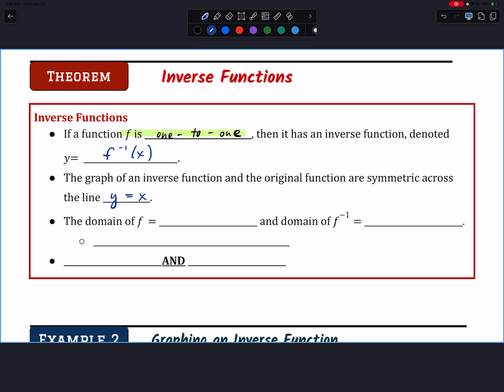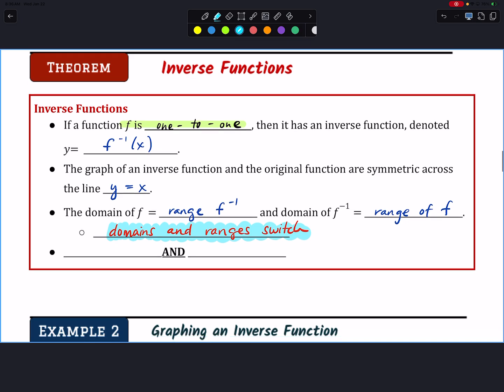This means that the domain of f is the same as the range of f inverse, and the domain of f inverse is the same thing as the range of f. So what this tells us is that for the two functions, the domains and ranges switch. If there's anything you guys take away from this lesson, please don't forget this idea. The domains and ranges switch.